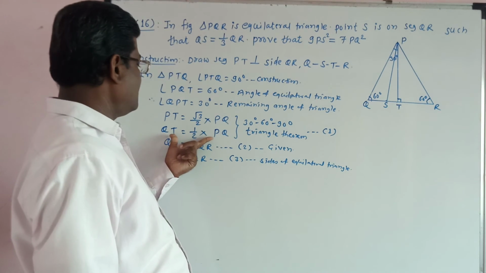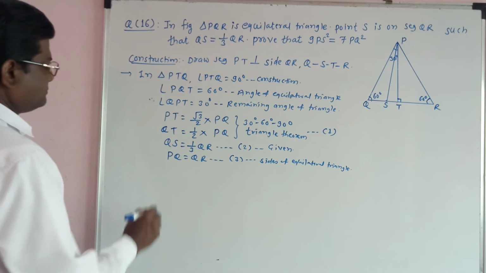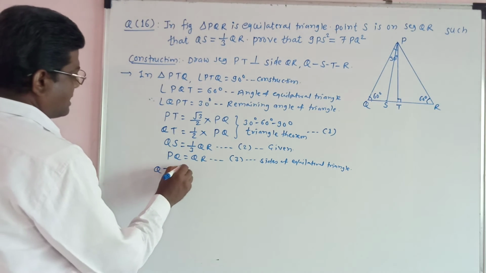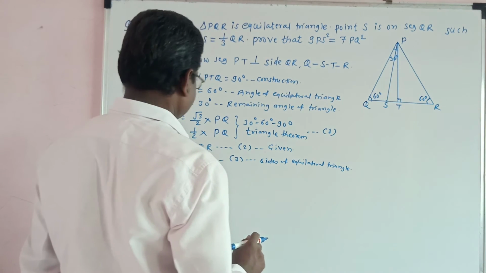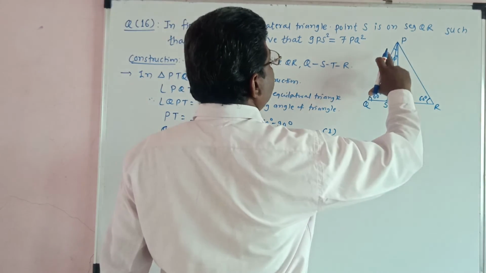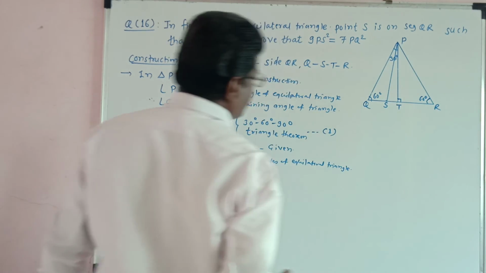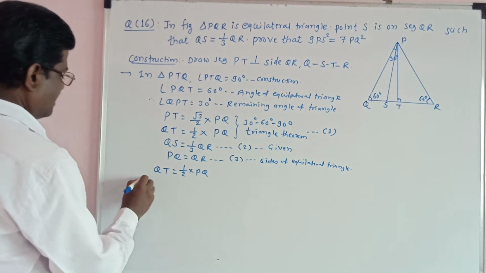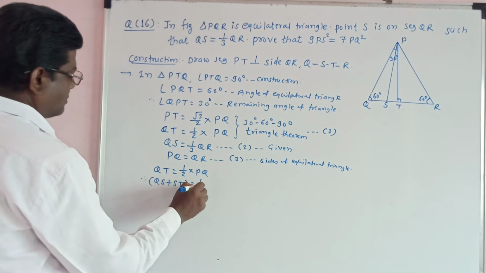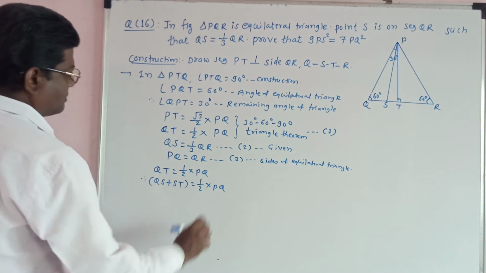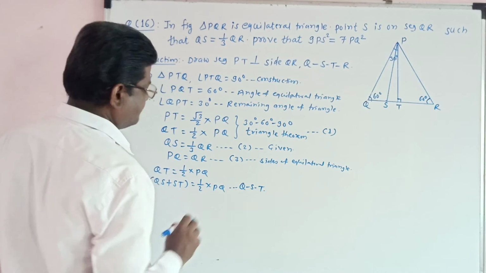Now here QT is equal to 1 upon 2 into PQ, but QT is QS plus ST. Therefore, QS plus ST is equal to 1 upon 2 into PQ. The reason is Q-S-T.